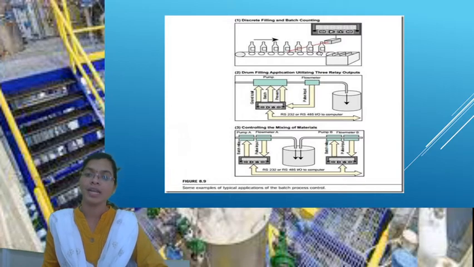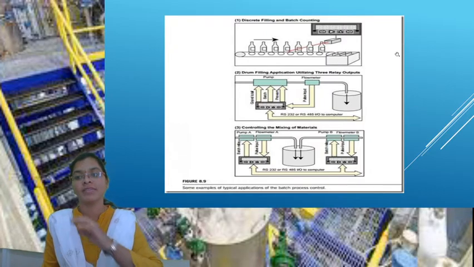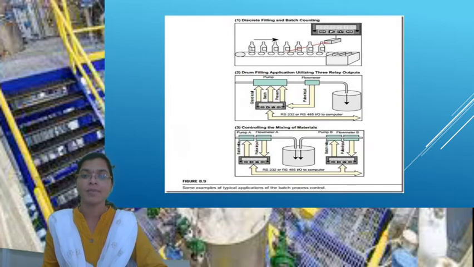Up to the filling of the bottles, that is continuous, but here we place all 7 bottles together in a particular carton or particular device. After that it will be transported. Again 7 bottles come, those are labeled, and again dumped in a particular carton. After that it will be transported. So this type of process is called a batch process.